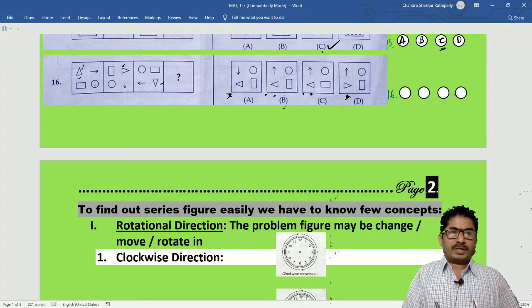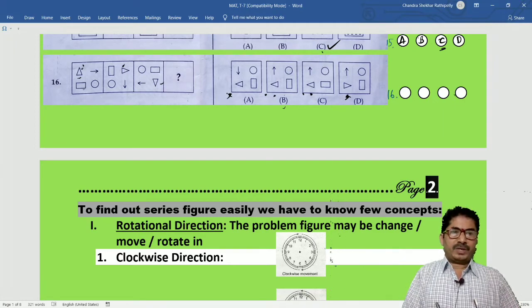Next the circle, circle here to here, moving this circle in a clockwise direction, one arm. So next here will come. So both are the same in these circles.